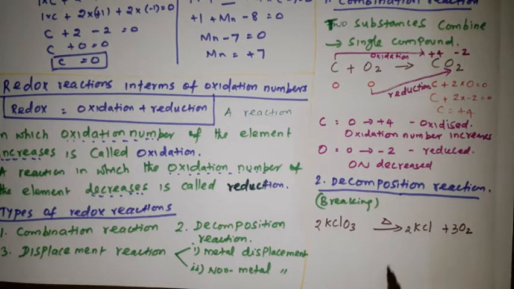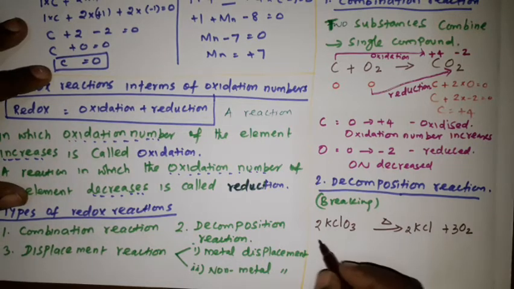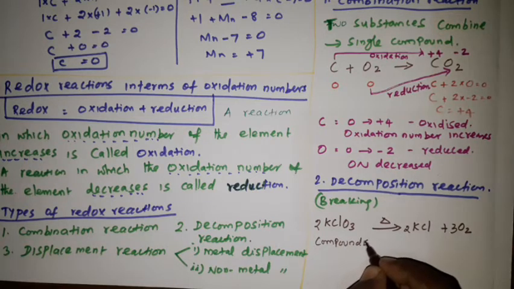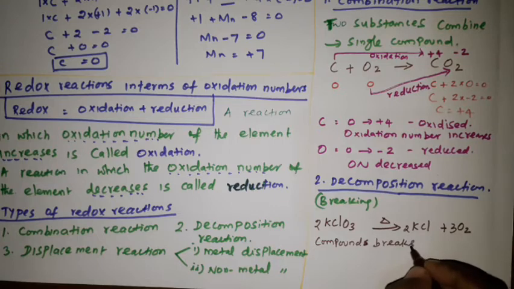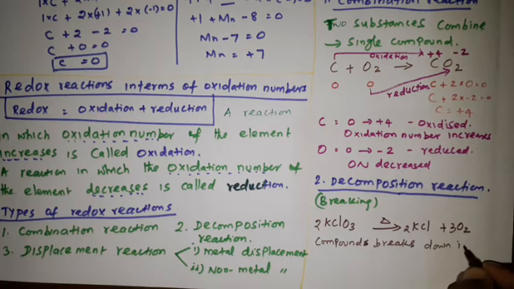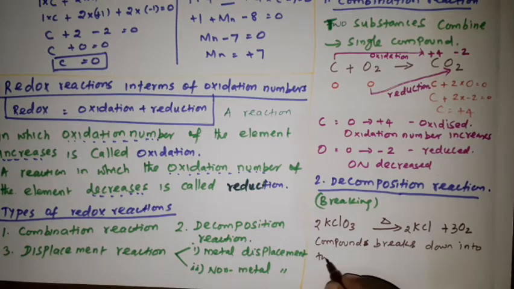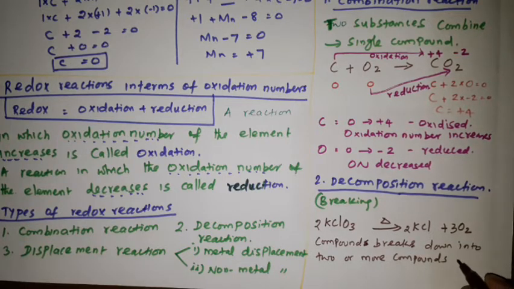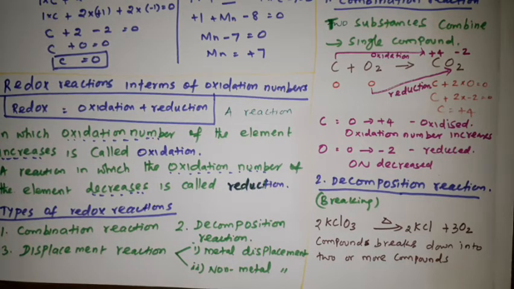So what is the meaning of decomposition reaction? A redox reaction in which a compound breaks down into 2 or more compounds is called a decomposition reaction.